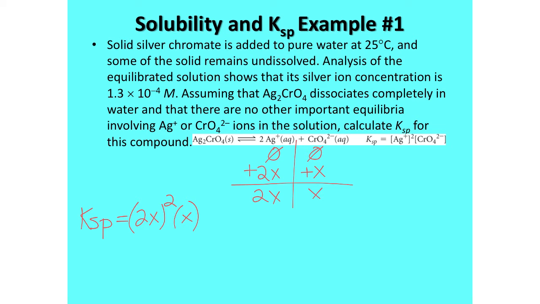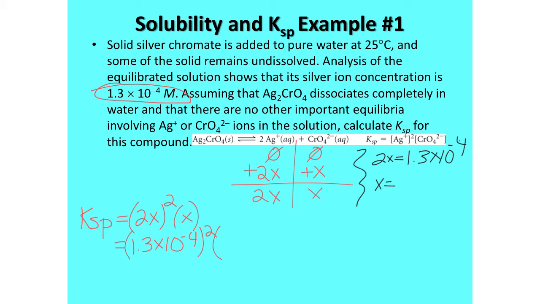Now, up in the problem, they told us that the silver concentration is 1.3 times 10 to the negative fourth. So if I know that's the value of 2x, then I know that my chromate would be half of that. So if 2x is equal to 1.3 times 10 to the negative fourth, then I know that x would have a value of 6.5 times 10 to the negative fifth.